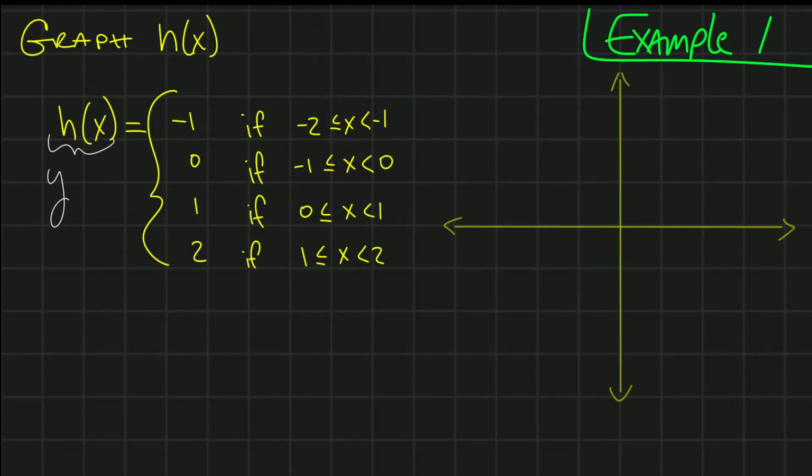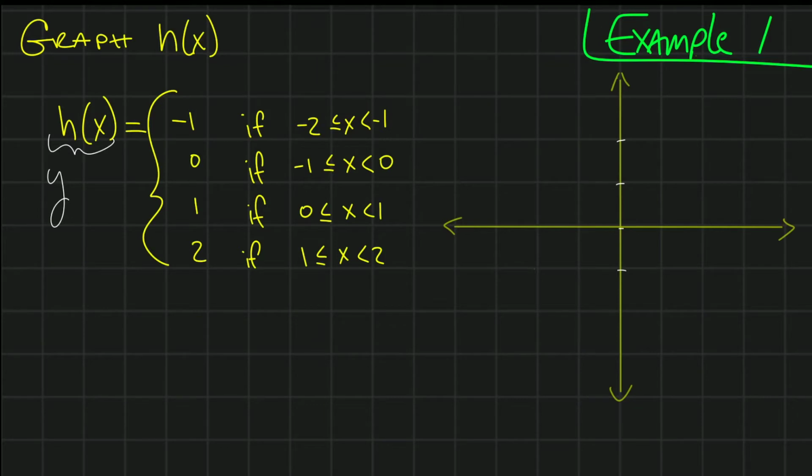All right, for example number 1, we're going to run down through this really quick. So we have y is equal to -1, 0, 1, and 2. So I'm going to plot all of those points on my y-axis: -1, 0, 1, and 2.